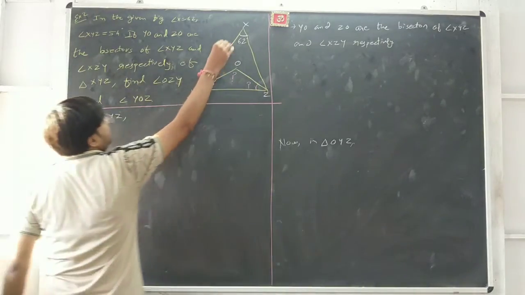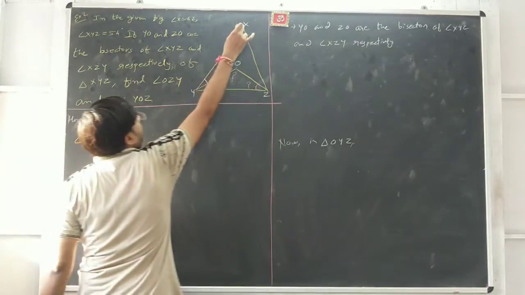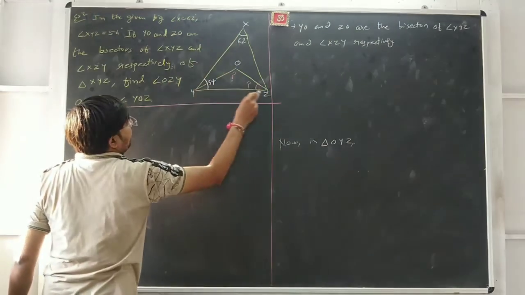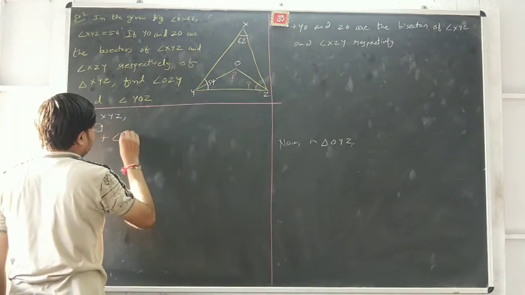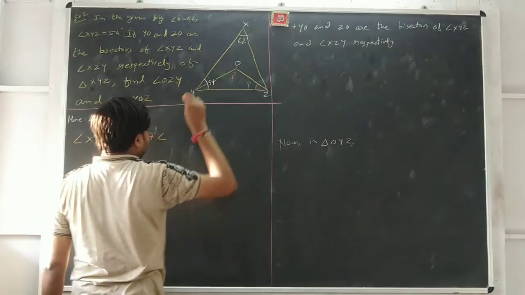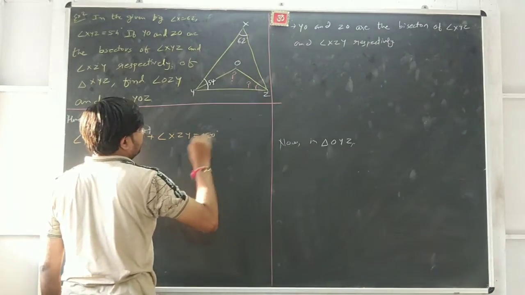In the triangle XYZ, we know that angle X plus angle XYZ plus angle XZY is equal to 180.